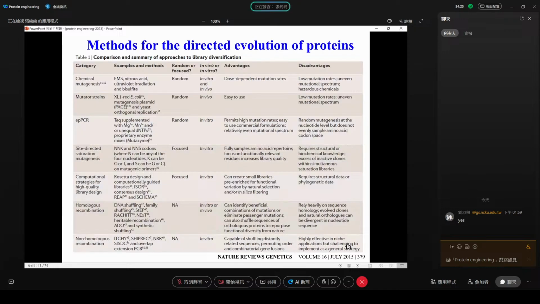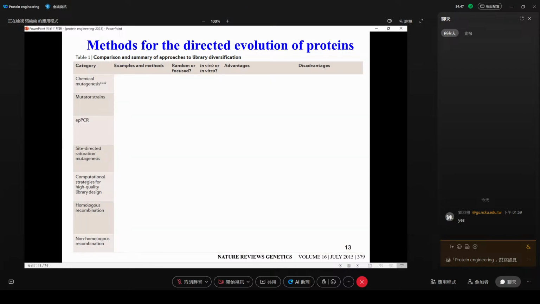Okay, so we are going to start from the methods. That's also the major point for you guys if you want to pass this midterm exam. All those methods for directed mutagenesis and site-directed mutagenesis will be the major point in your midterm exam, such as how we do the mutagenesis.